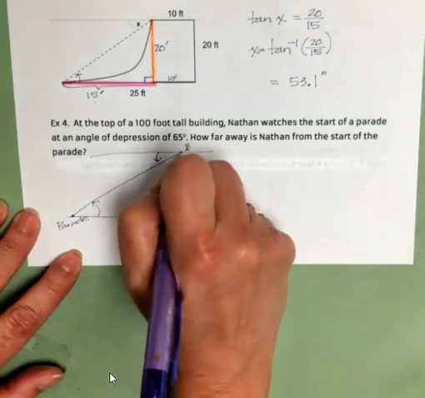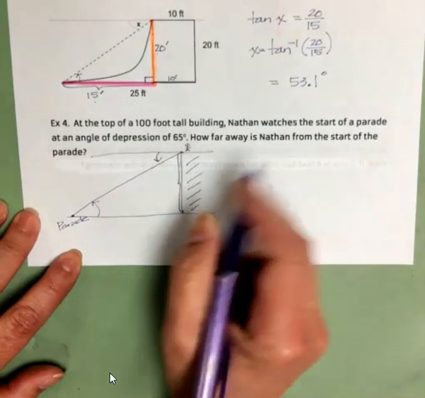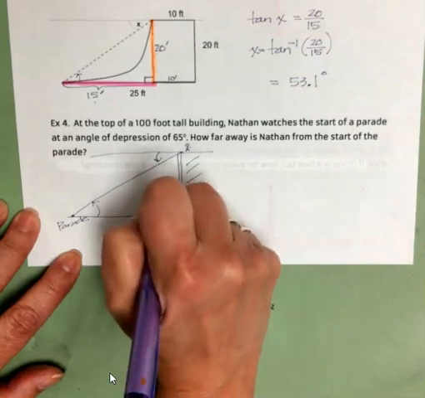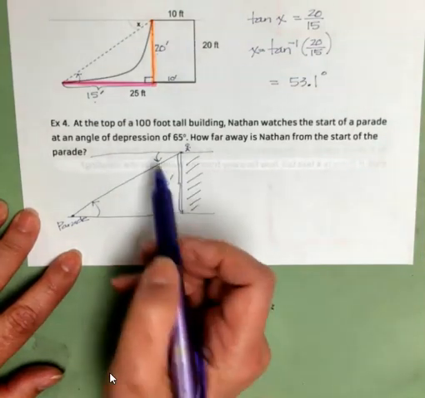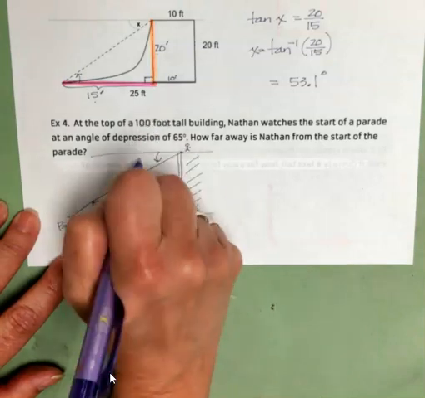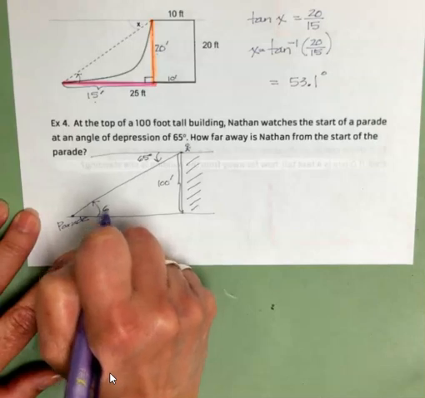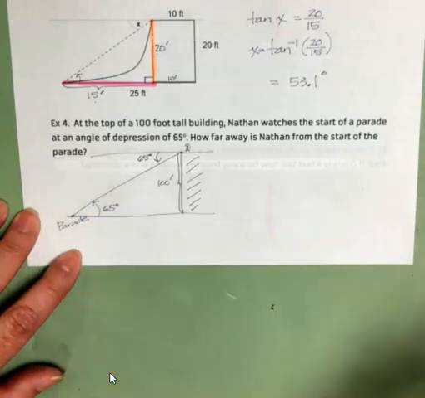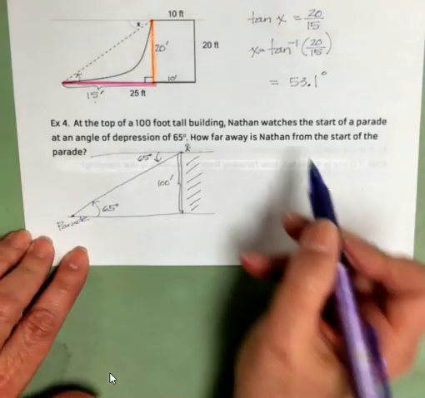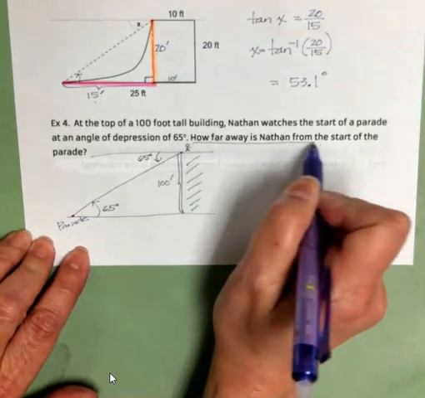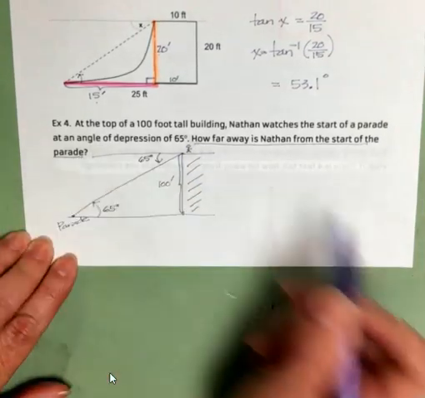We know the building is 100 feet tall. The angle of depression is 65 degrees, which means the angle of elevation is also 65 degrees. Now here's where you have to be careful. How far away is Nathan from the start of the parade?